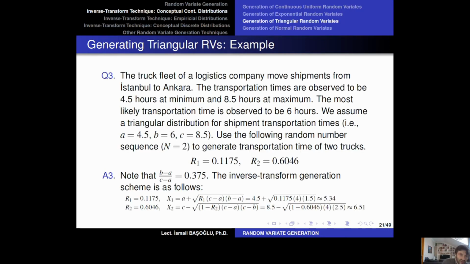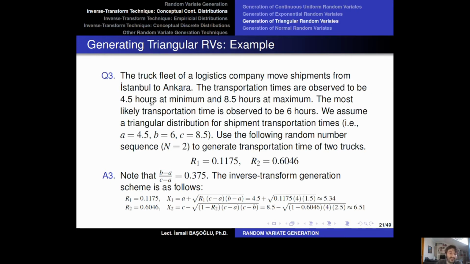All right, so let's read the question. The truck fleet of a logistics company moves shipments from Istanbul to Ankara, and the transportation times are observed to be 4.5 hours at minimum and 8.5 hours at maximum, and the most likely transportation time is observed to be 6 hours. So the logistics company has certain data about past deliveries, and according to the histogram of the data, what they found as a fitting distribution is a triangular distribution.